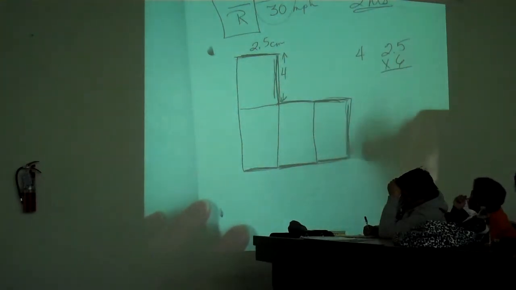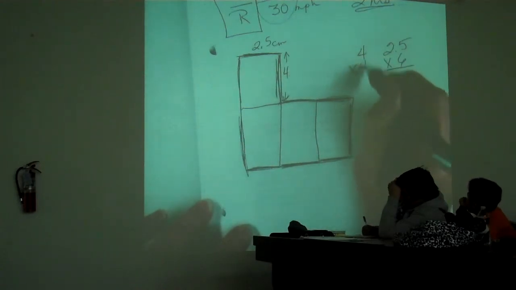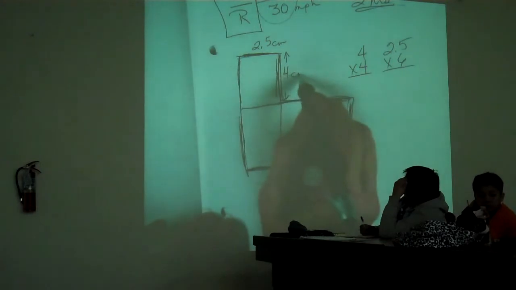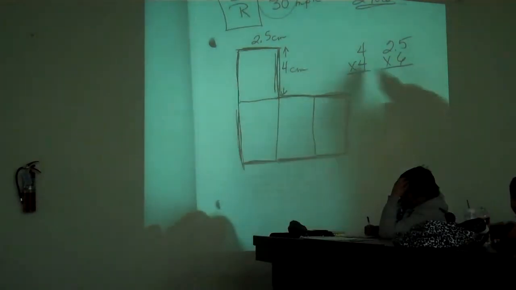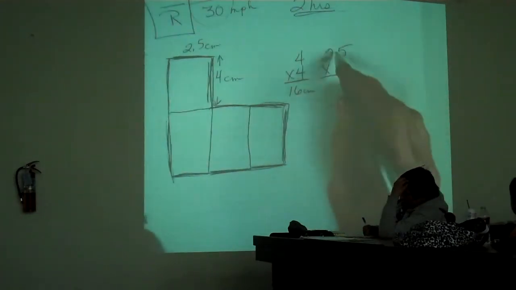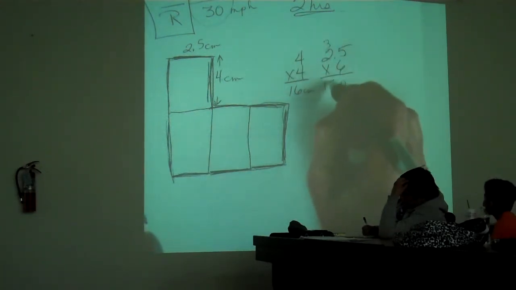1, 2, 3, 4. So you have 4 of the 4 centimeters. Does everybody see that? Okay. So the 4 times 4 is 16 centimeters. 2.5 times 6, you get 30, 12, 13, 14, 15.